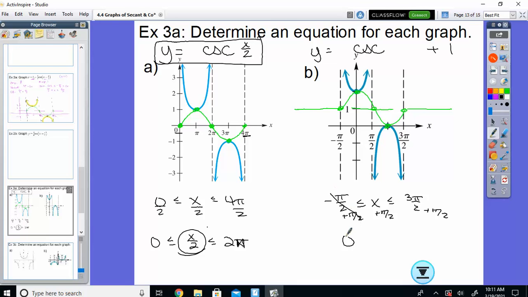So we get 0 less than or equal to x plus pi over 2 less than or equal to 3 pi over 2 plus pi over 2, which would be 4 pi over 2 or 2 pi. Do I need to do anything else? It's 0 to 2 pi like I wanted, so this is cosecant of x plus pi over 2.